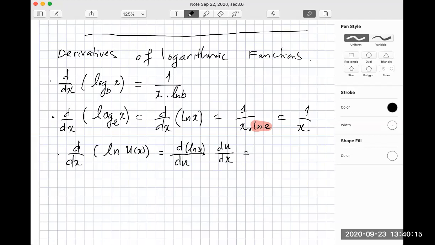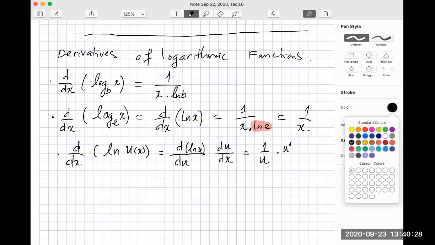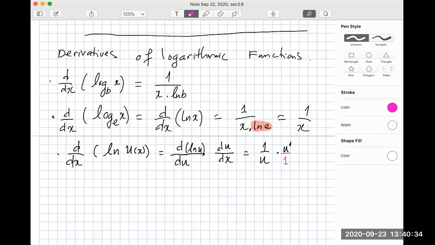Perfect, thank you. And du over dx, what is it? Yes, it is u prime. And u prime is a whole number, so we can write it as this number divided by 1, right? And the product of two fractions will be, yes, u prime divided by u. It's quite easy, right?